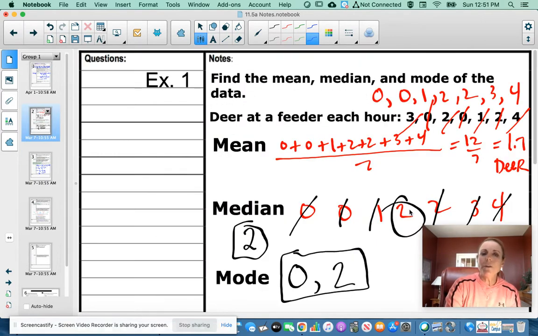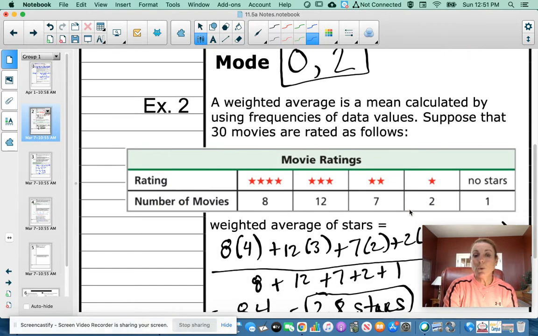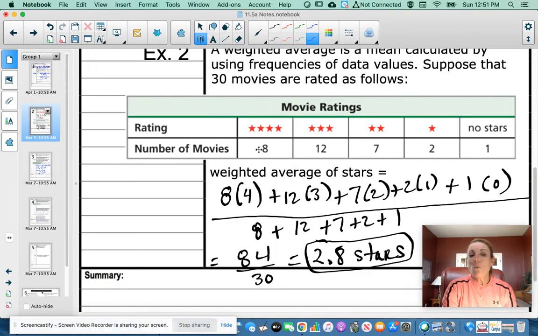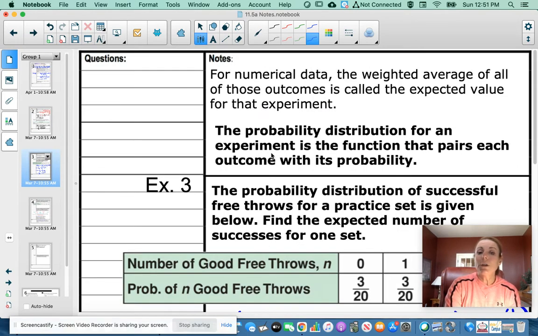I want to compare that quickly to example 2. That also was a weighted average, but it was different because all we were given is the number of movies and their rating, not the probability of it happening. So in that case, we did have to take the number of movies times its rating, all of them, and then divide by the total number of movies. Here, it's different.